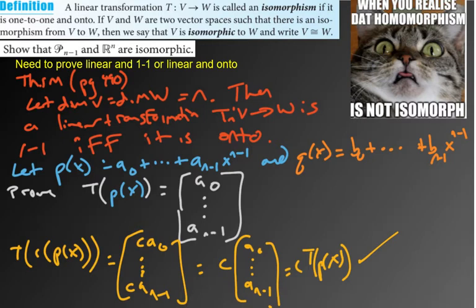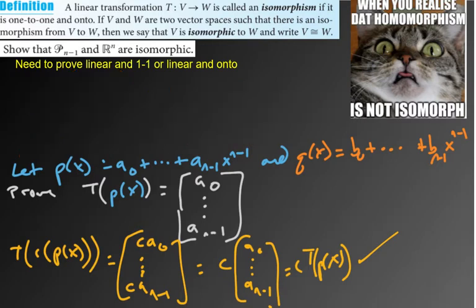To show the second part of linear, I think I'm going to have to erase this top part, so I'm going to do that. So now I want to just show that T of P of X plus Q of X equals the sum of the transformation on each of those, right?